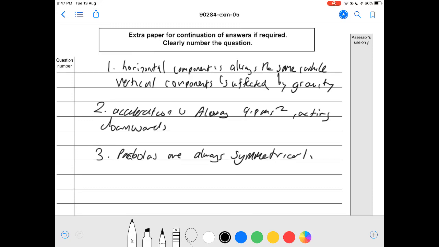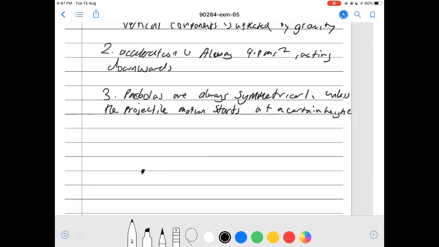It's always symmetrical unless the projectile motion starts at a certain height. So what I mean by that is, for example, this would be a symmetrical parabola. For example, I kick the ball, and this would be a symmetrical parabola.